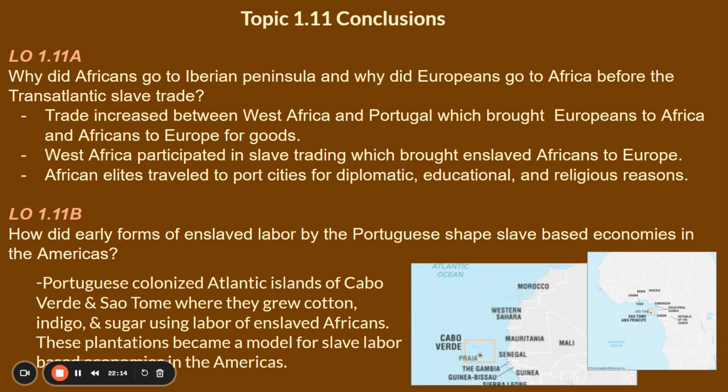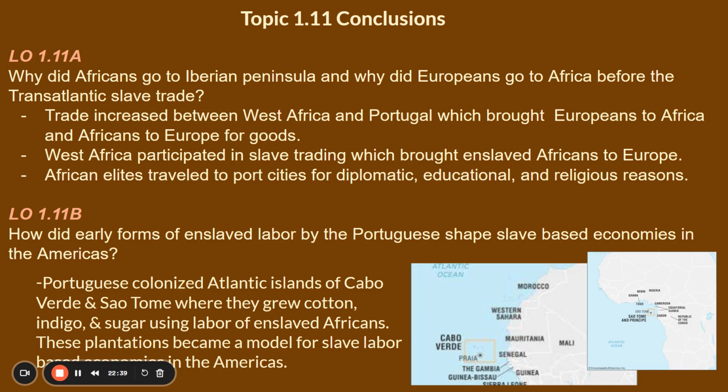So we already know this from previous topics, but we know that trade increased dramatically between West Africa and Portugal between the 15th and 16th centuries. And because of that alone, it brought Europeans to Africa and it brought Africans to Europe, simply for the act of trading goods.